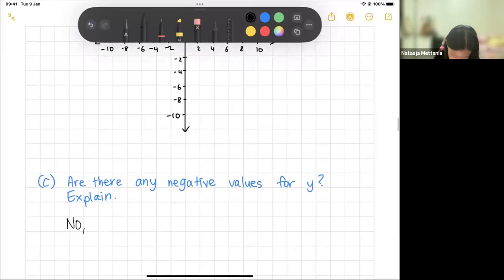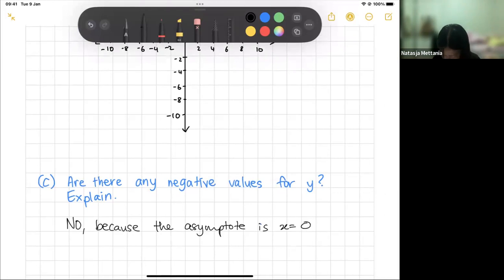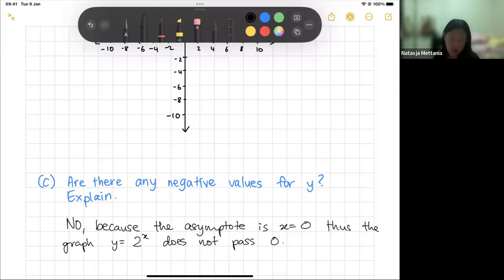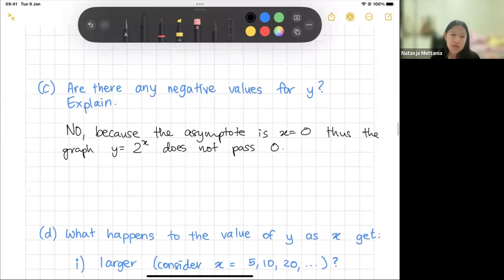So what you're going to say is, there aren't any negative values for y because the asymptote is x equal to 0, thus the graph y equals 2 to the power of x does not pass 0. That's it, simple as that.